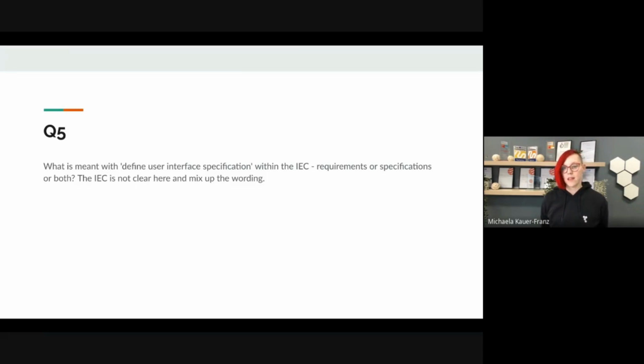If you read the standard carefully, it says you have to document testable technical requirements. So if you just refer to the standard, you can just put testable technical requirements for the user interface into your technical specification of the device. So just write them down. And that's actually something that a lot of manufacturers do.